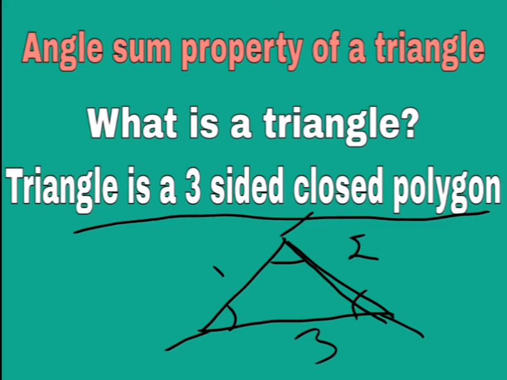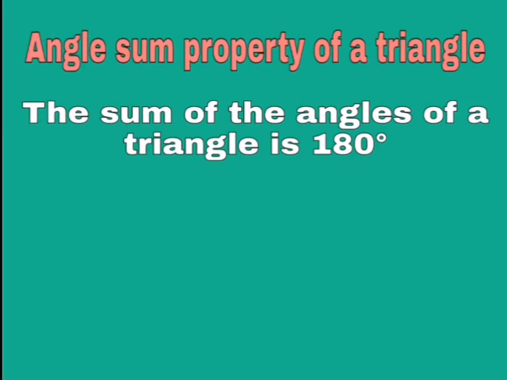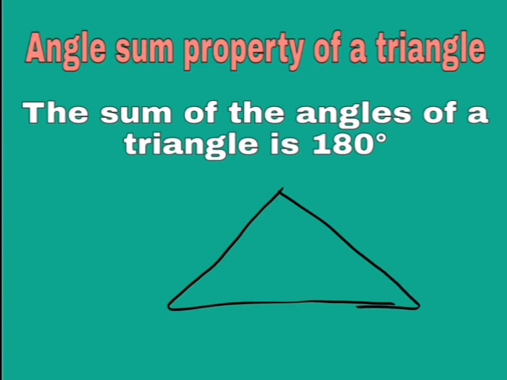Now let us learn this angle sum property. So angle sum property means what? Angle sum property means the sum of the angles of a triangle is 180 degrees. As we learned, a triangle is a closed figure having three angles.